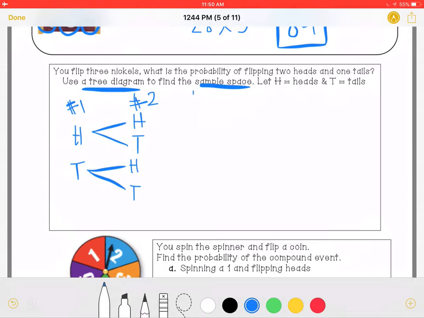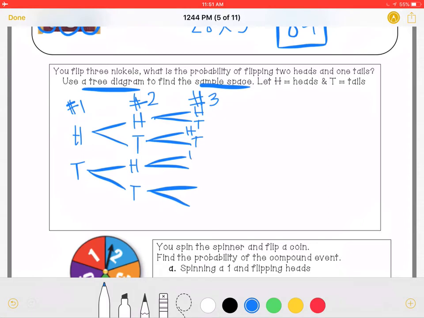And when I go and flip that last nickel for the third time, we're still building off of our first 2 flips. So again, we're creating this tree diagram, we're branching off. So basically what you do is from each result prior, you list your possible outcomes. Again, when you flip a coin, all you can land on is heads or tails.